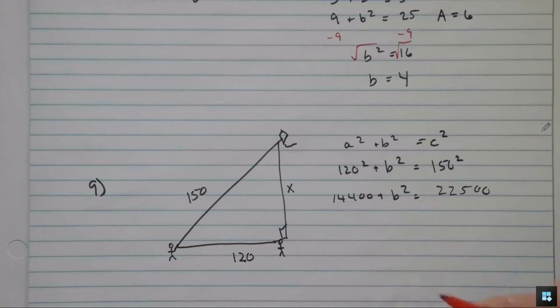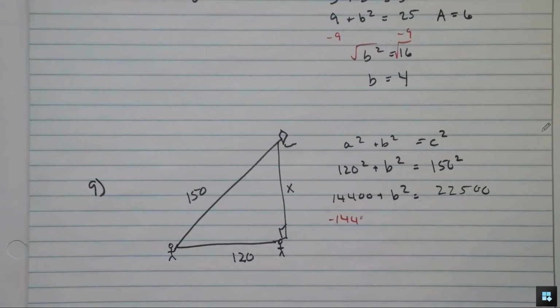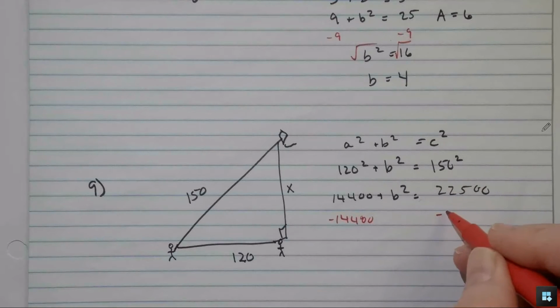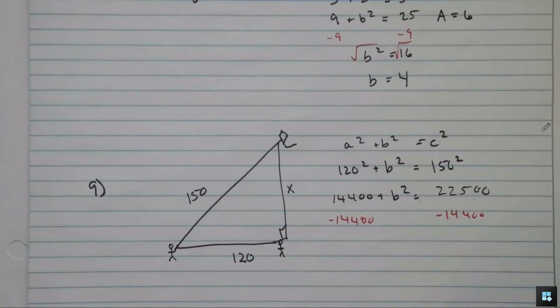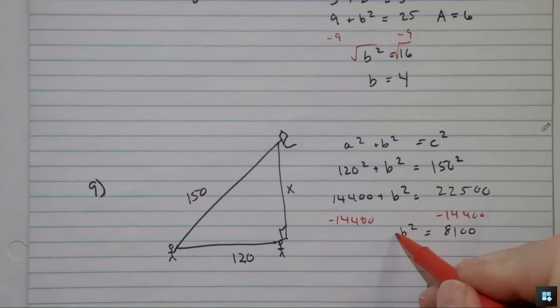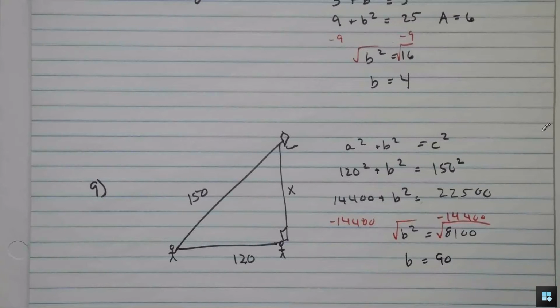So we'll go ahead and square the 120 and the 150, and then subtract 14,400 from both sides of the equation. So b squared is 8100, and we'll take the square root of both sides and get 90. So the kite is 90 feet in the air.